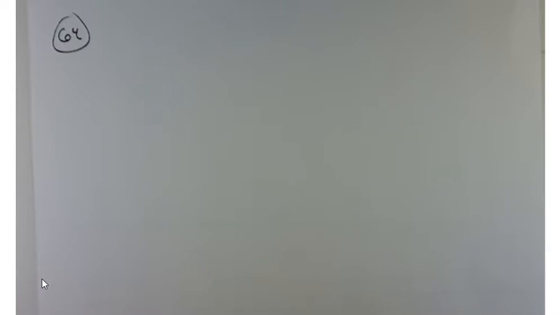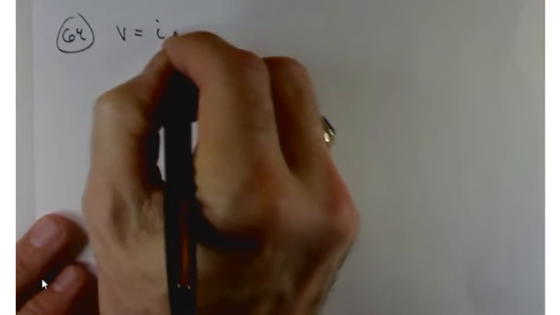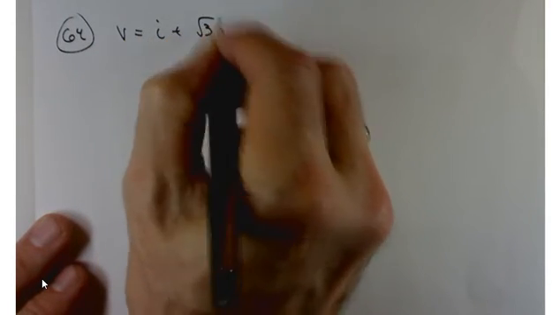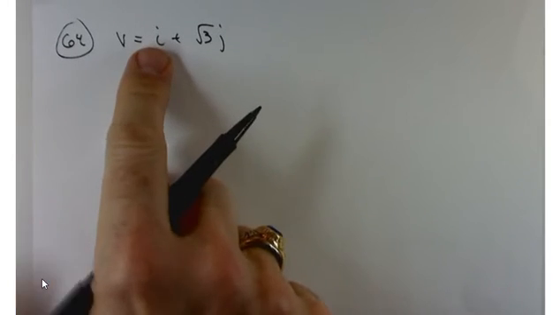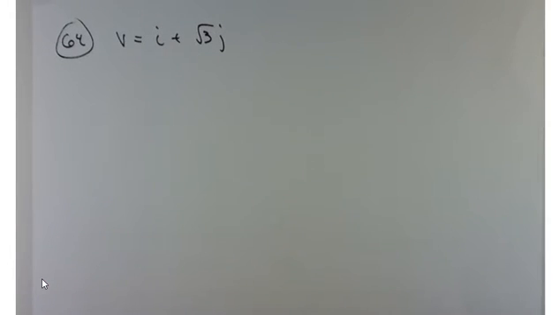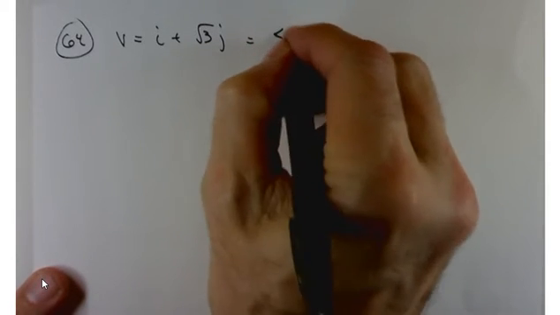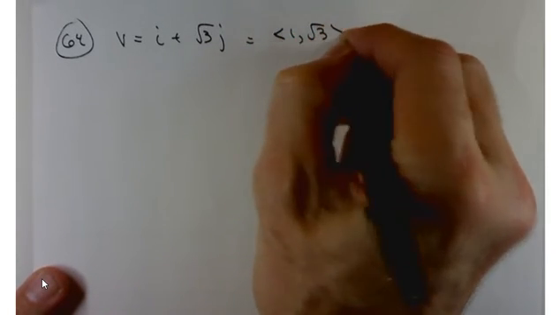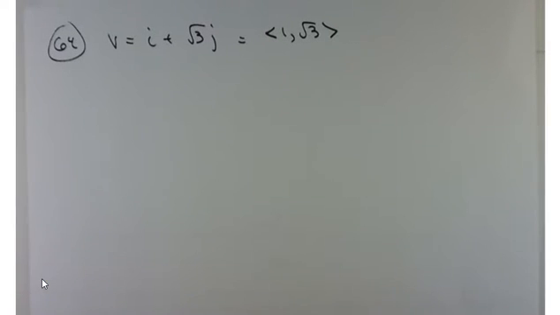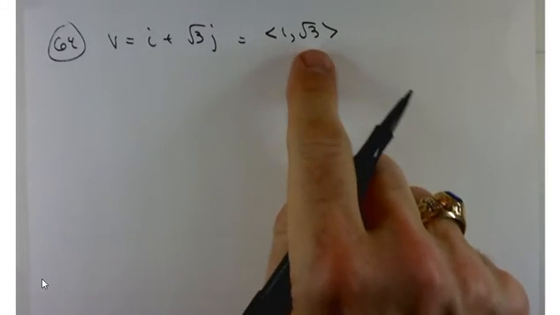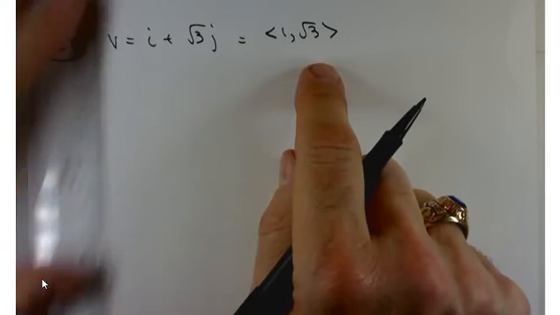They give us the vector v equals i plus square root of 3 times j. i and j for us are always going to be understood to be the unit vectors. Alternatively, you could write this as 1 comma square root of 3. Writing it like this makes it a little bit easier to graph.